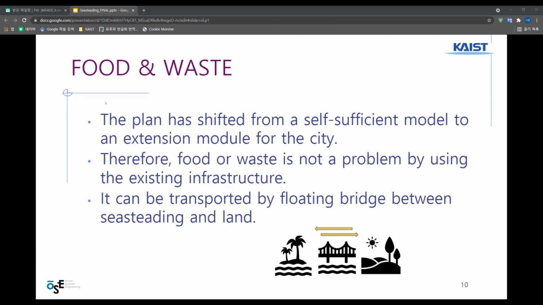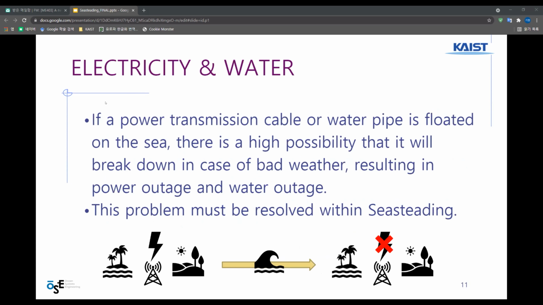The plan has shifted from the self-sufficient model to the extension module. The food and waste are not a problem anymore, so they can be transported by car and truck between the system and the mainland, solving the food and trash problem. But the water pipe and power transmission line can be broken during bad weather.